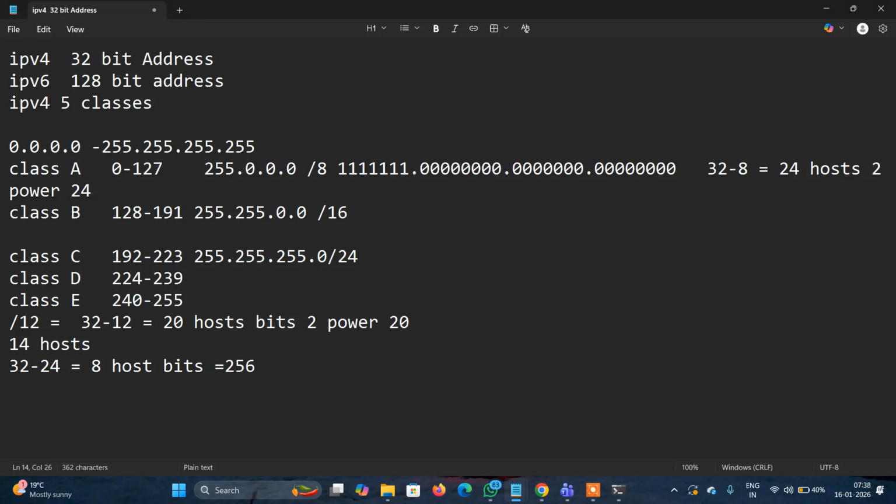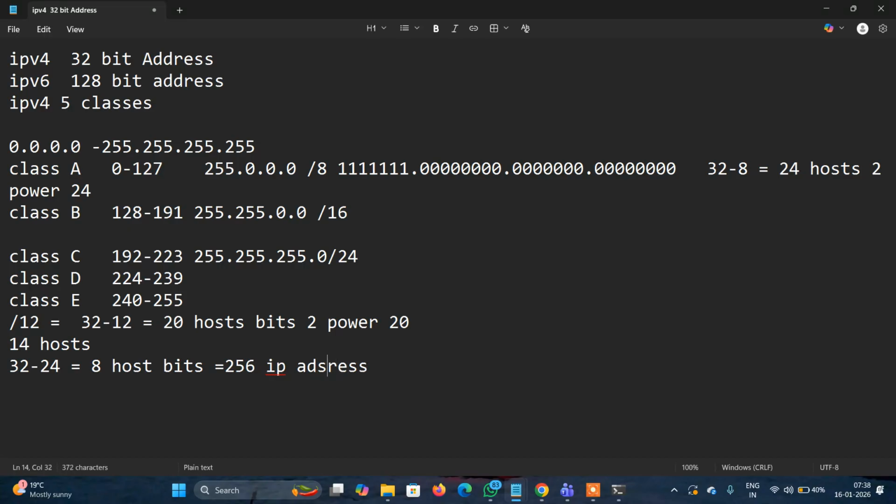In this 256, if the value is slash 24, how many IP addresses are there? 256, because 2 power 8 is equal to 256.